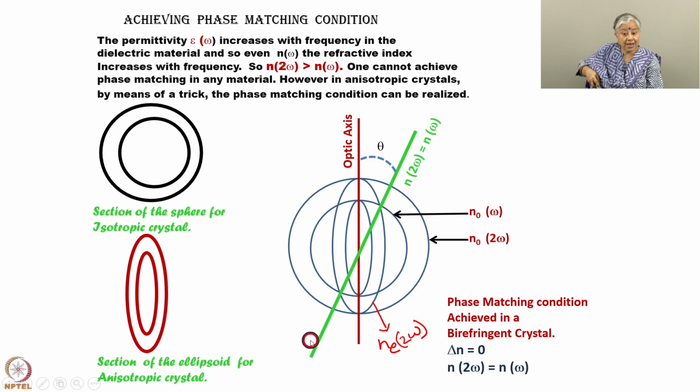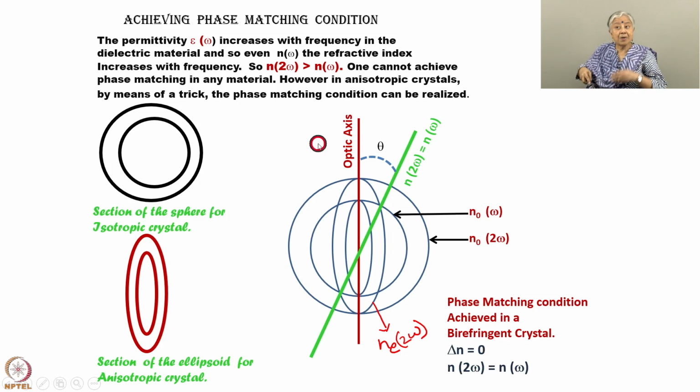So, if I put a beam in this direction, I will get N2 omega equal to N omega, and that is the condition I am looking for. That is why I need a birefringent crystal. The phase matching condition is achieved in a birefringent crystal: delta N is equal to 0, N2 omega is equal to N omega.